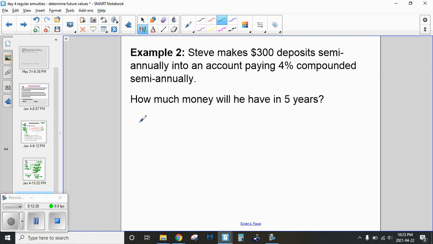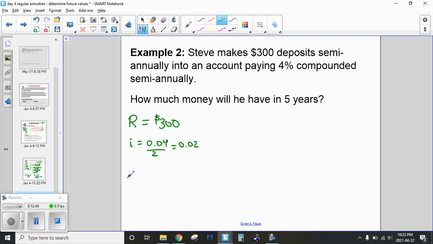The $300 deposits, those are the regular payments. The interest is 4%, so 0.04, compounded semi-annually, which is twice per year. So adjusted, that comes out to be 0.02.